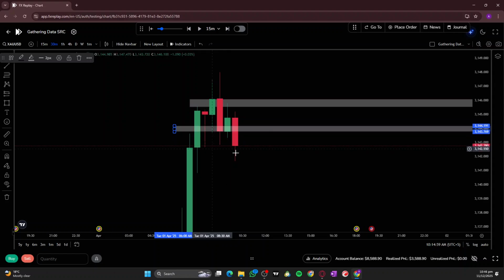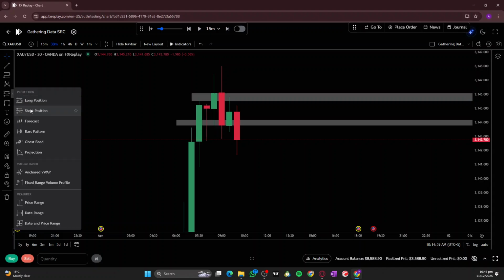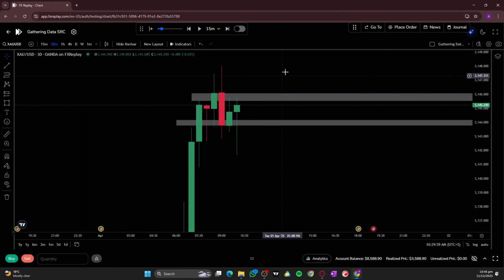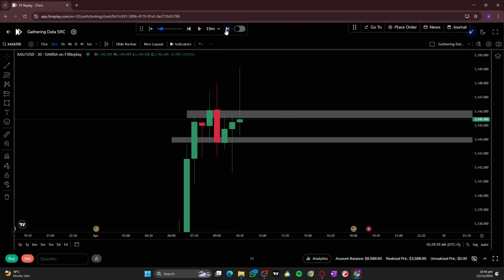Okay, now I can give my trade a second chance, but still, because that wasn't a 30-minute candle closure, that's why I still didn't sell. Now it's just consolidating at this point.